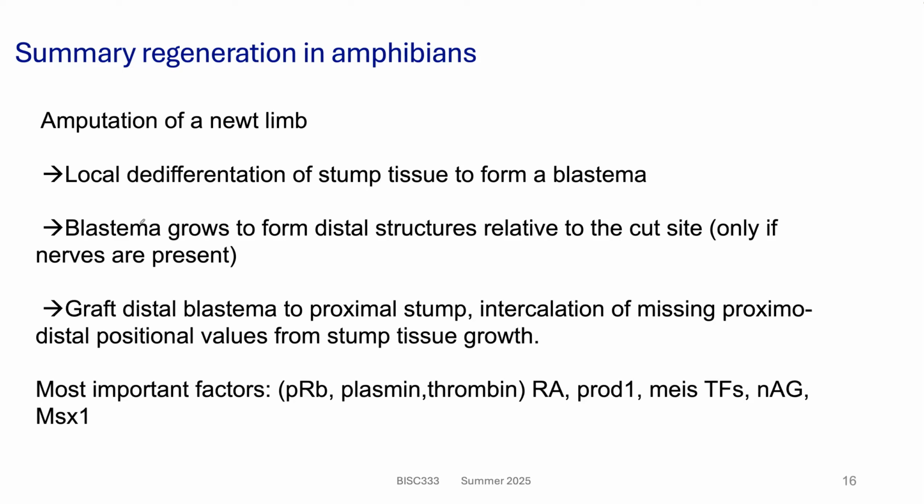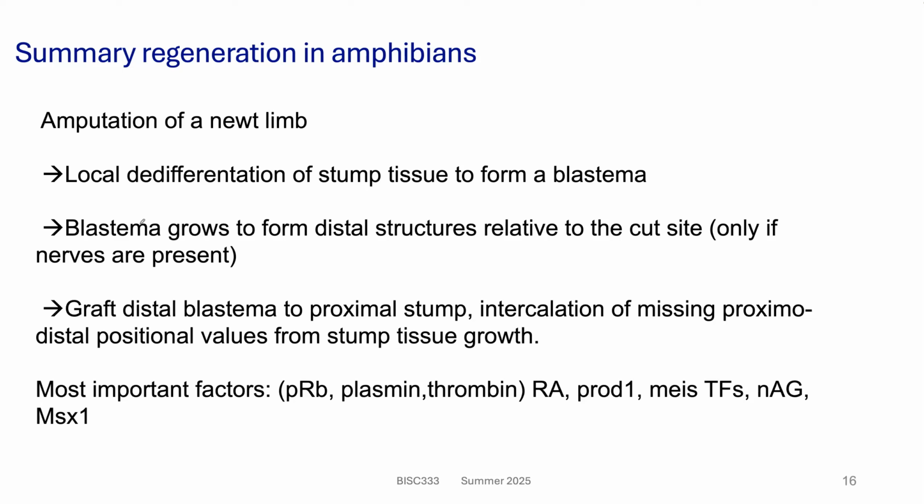And then if you do all kinds of these different grafting experiments with different stumps and blastemas and so on, what you find is that you can create situations where two cut pieces are connected to each other with different positional values, and they will generate the missing values between them from the proximal side.